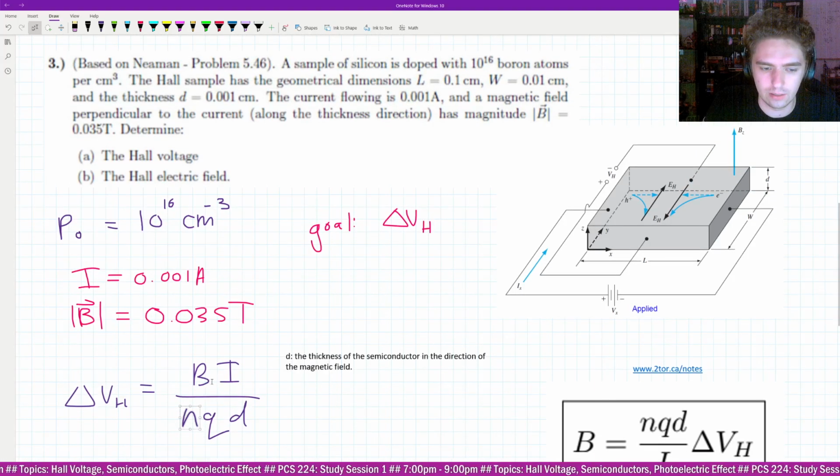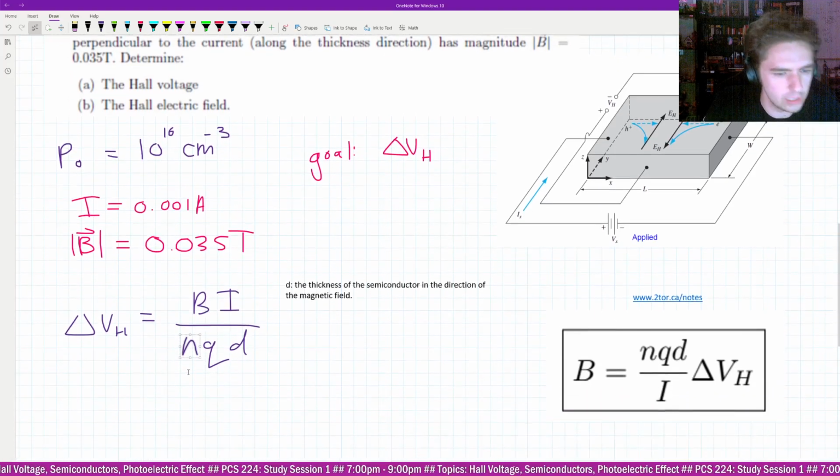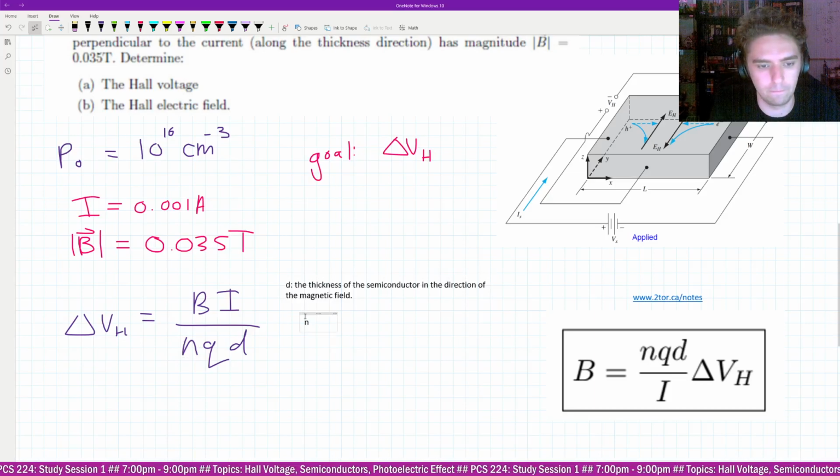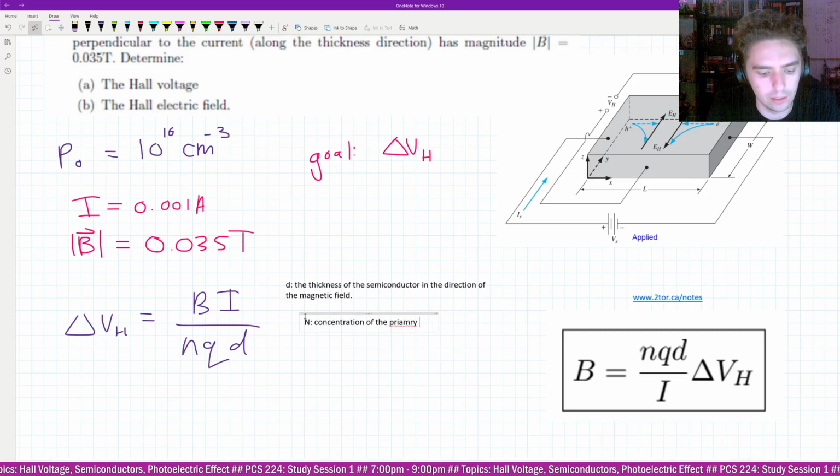It's the concentration of the charge carriers, which would be P0 in this case because we're talking about a P-type, but it would be N0 if we're talking about an N-type. So N refers to the concentration of the primary charge, or majority charge carriers.